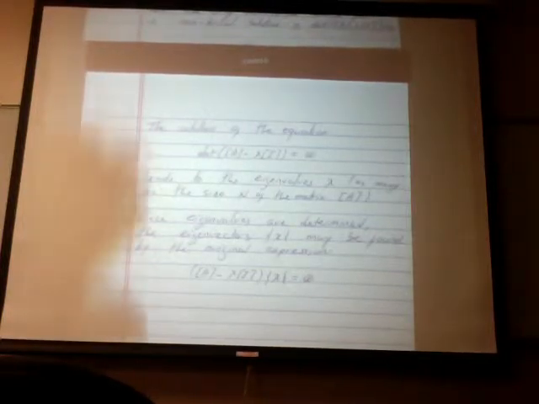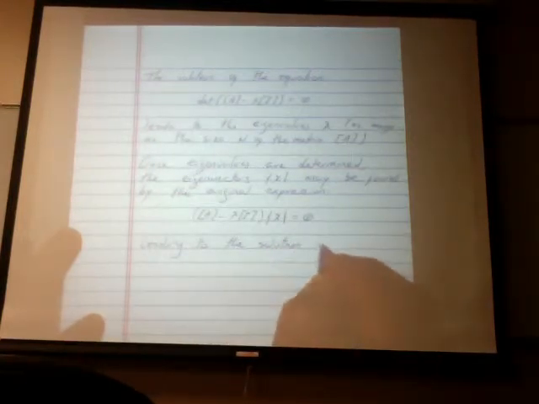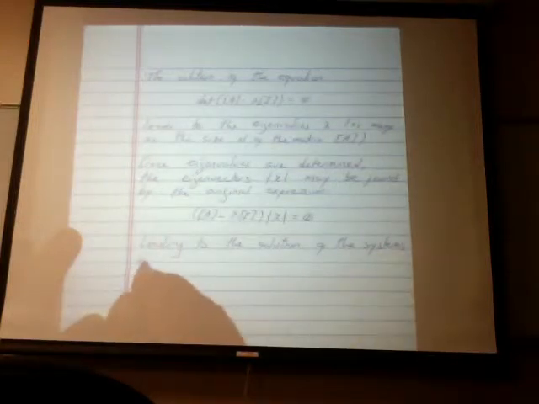Each eigenvalue will lead to one eigenvector x, and then leading to the solution of the system, or the system of ODEs as well.